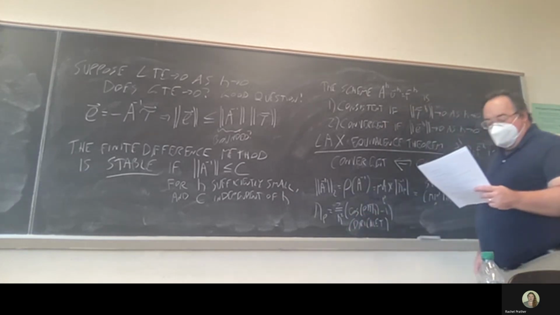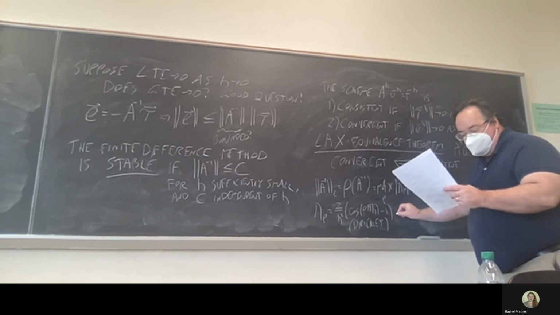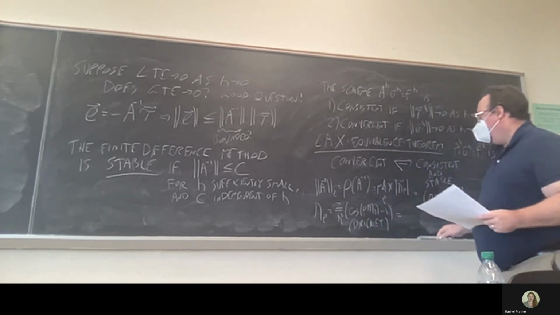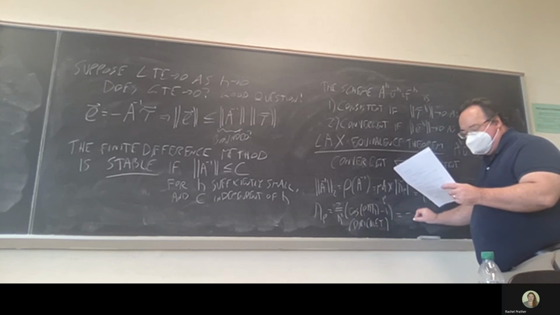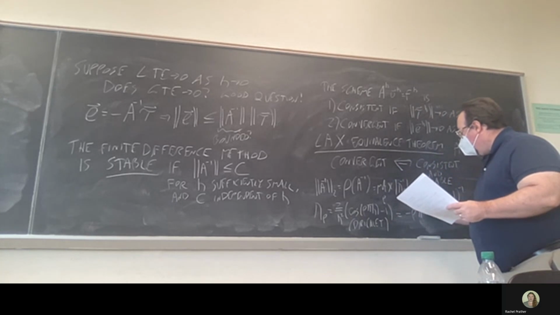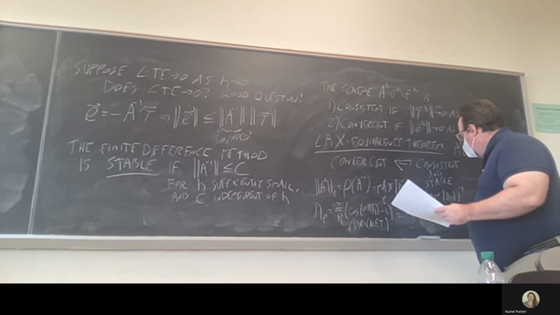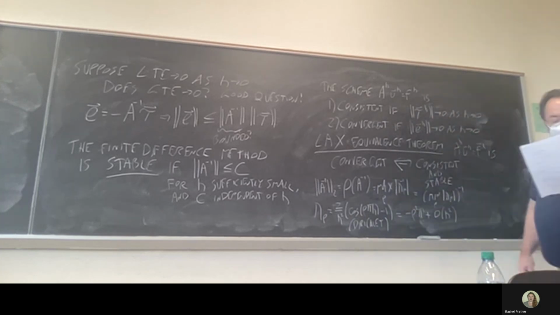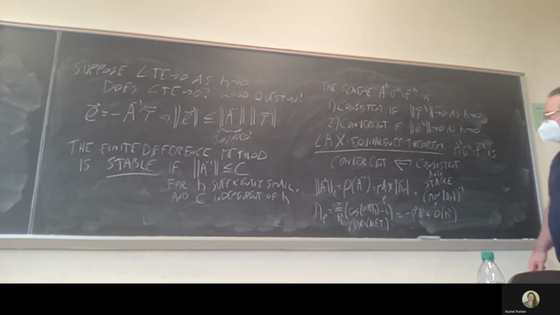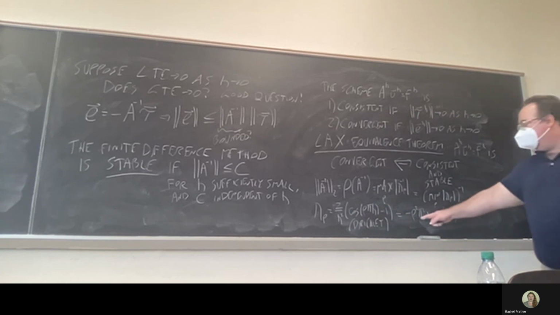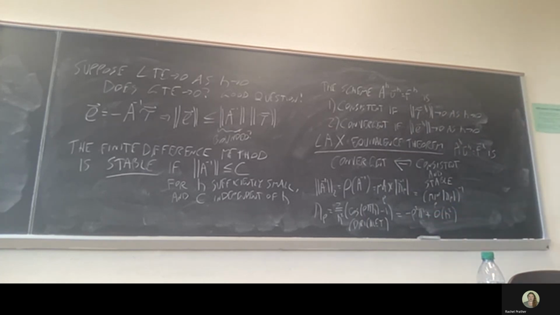Okay. Now, using a Taylor expansion, you can actually show that this is equal to minus p squared pi squared plus order h squared, where p is a positive integer.